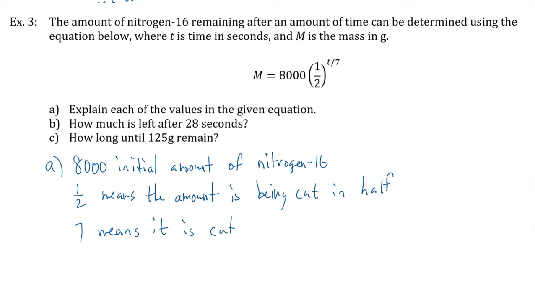Means it is cut in half. So the decay or the multiplier, let's see, this is time in seconds. It is cut in half every 7 seconds.